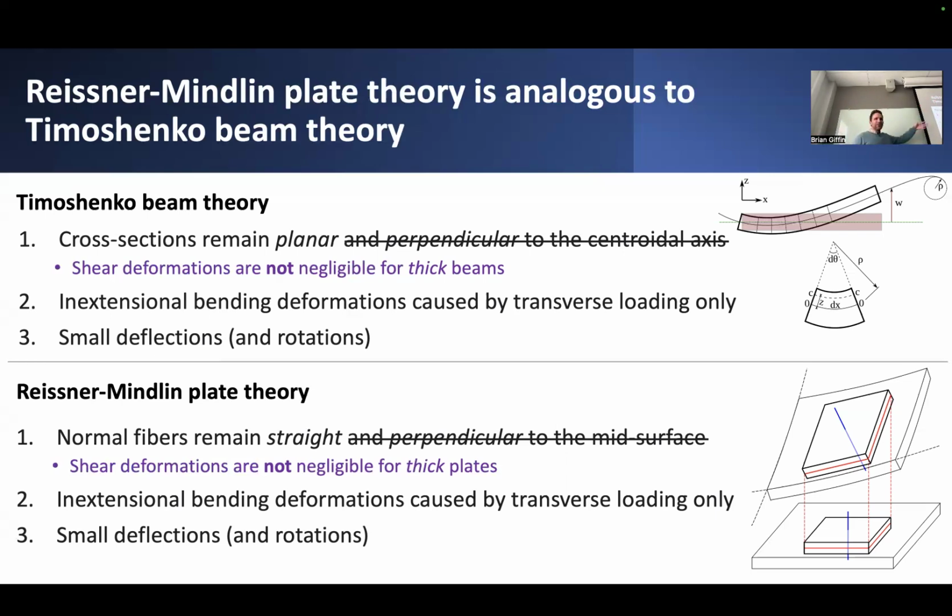And again, you lose a lot of the kinematic description of warping of these cross sections or warping of these fibers under deformation. That becomes more significant as you have thicker plates, but it also becomes more significant if you have more complicated composite beams or plates.